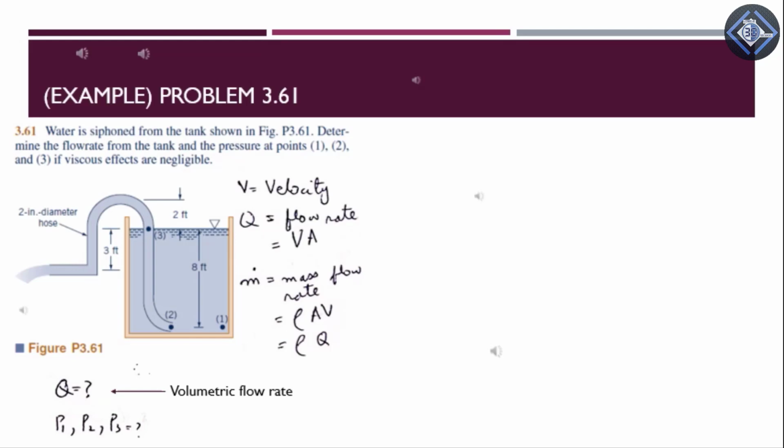To calculate the volumetric flow rate Q, we need to calculate the velocity of flow in the pipe. If we can calculate velocity at point 2 or velocity at point 3, we can calculate the volumetric flow rate Q, because from continuity Q2 will be equal to Q3.